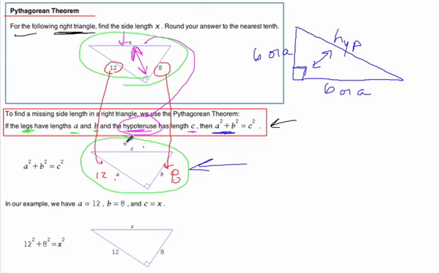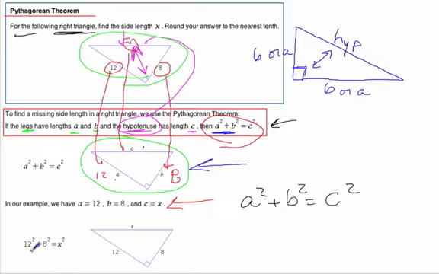And then of course C, that's X. That's where this came from. So when we plug that into our equation of A squared plus B squared equals C squared, this is what we get. 12 squared plus 8 squared equals X squared.